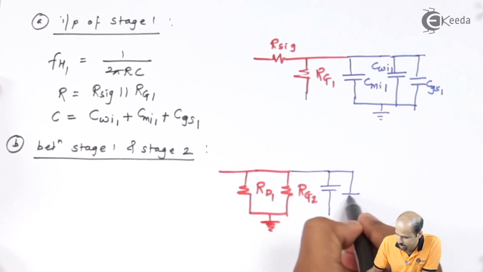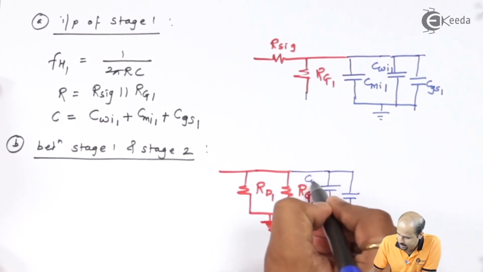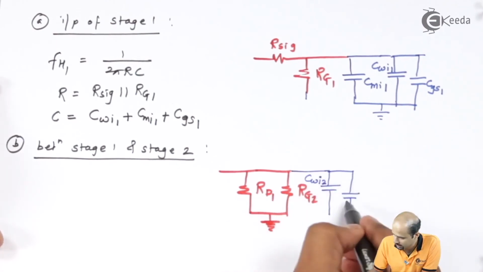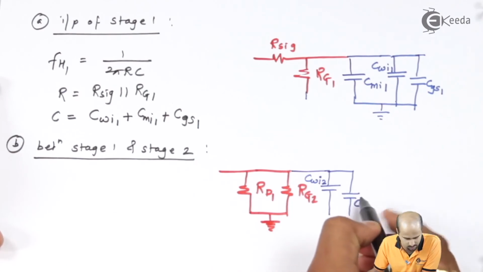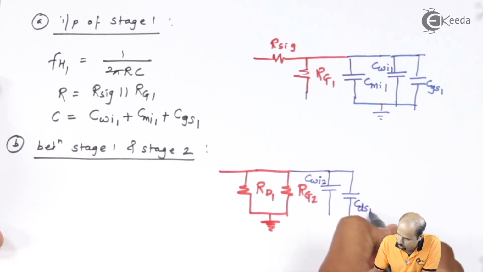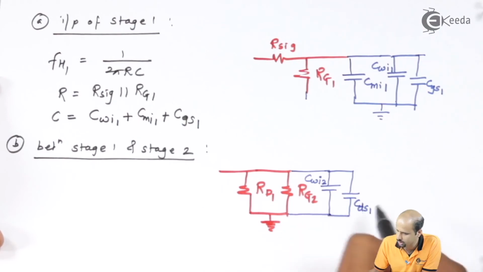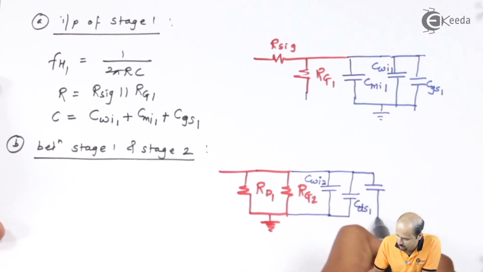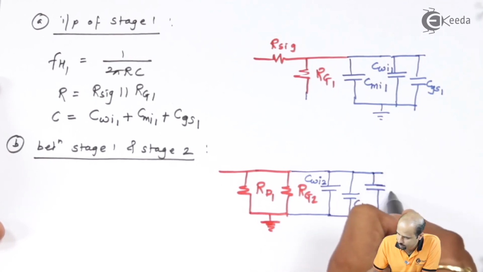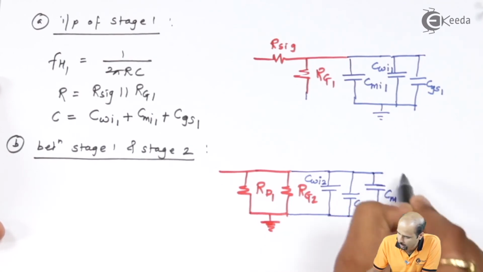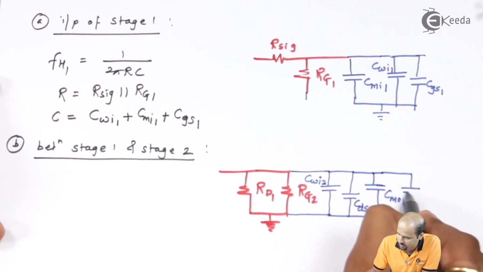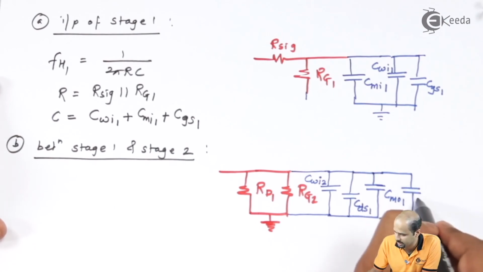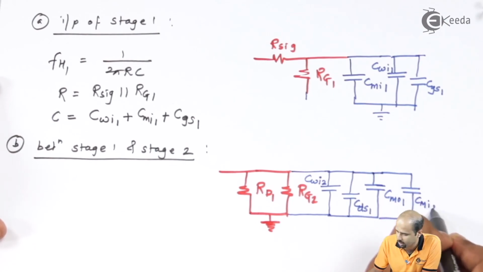First one is your, let's say, CWI2, the wiring capacitor of stage 2. Then this is nothing but CDS1, the drain to source capacitance. Then we will be getting the Miller's output capacitance of stage number 1, CMO1, and the Miller's input capacitance of stage number 2, that is the replacement of CDS2, that is nothing but CMI2, right?